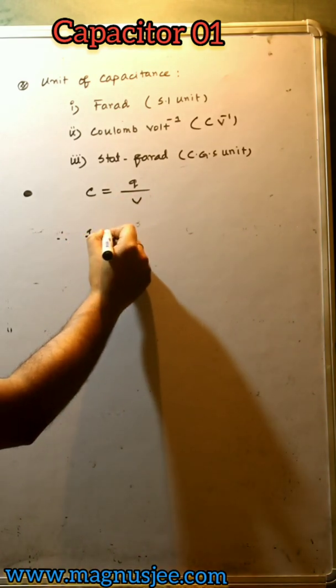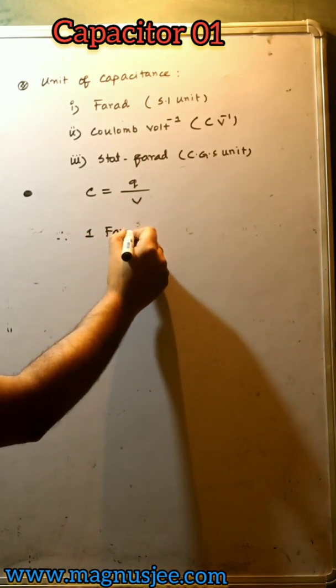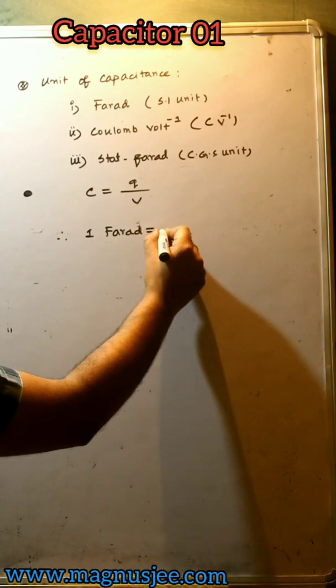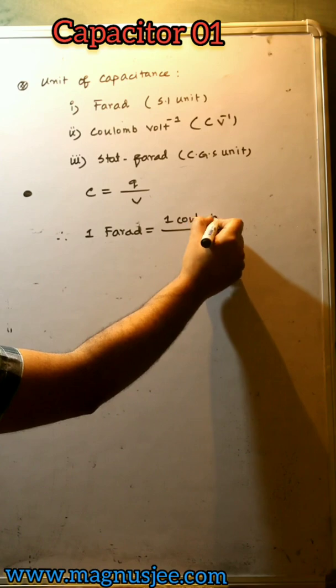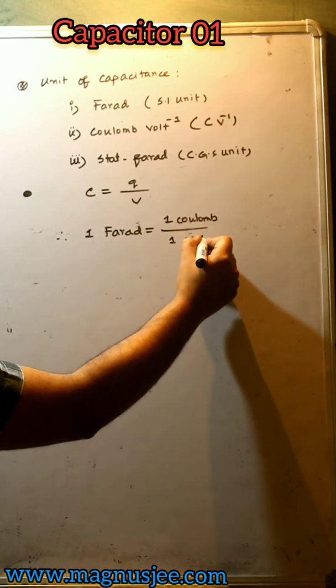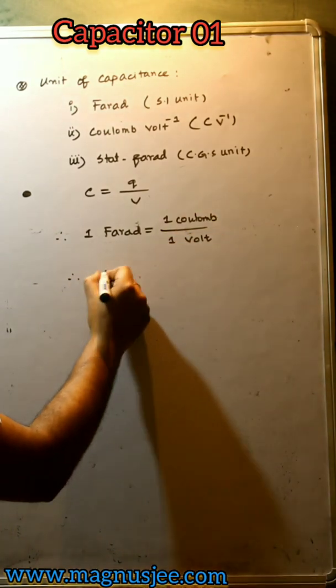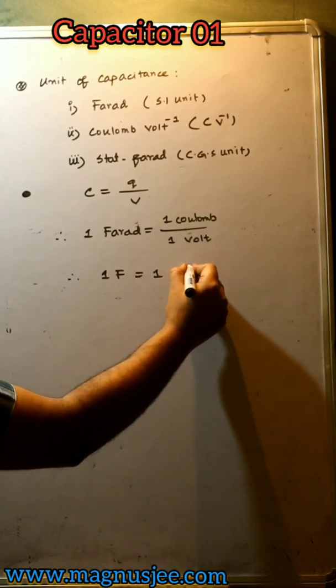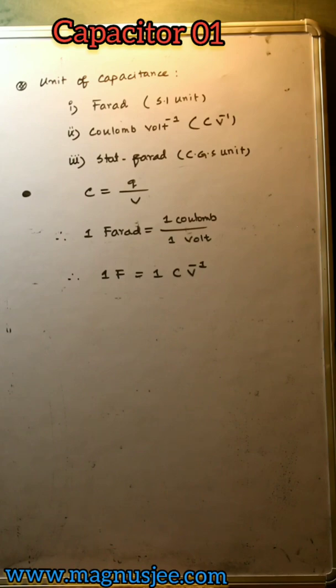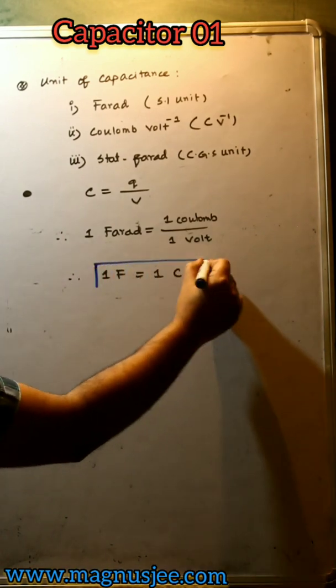Therefore, 1 farad is equal to 1 coulomb divided by 1 volt. Hence, 1 farad is equal to 1 coulomb per volt. This is the relation between farad and coulomb per volt.